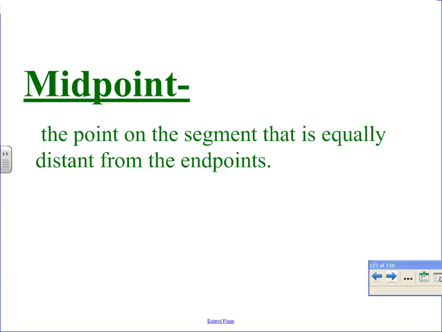It's the exact middle, another way to say that. Should be writing that right there. So the exact middle, halfway point.